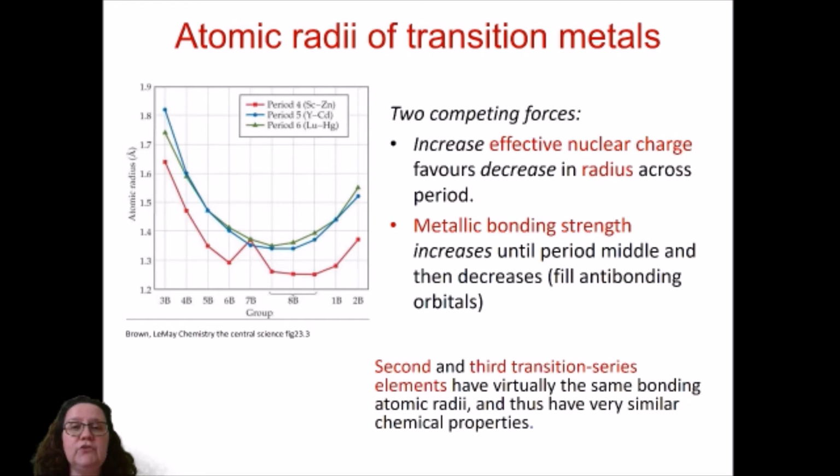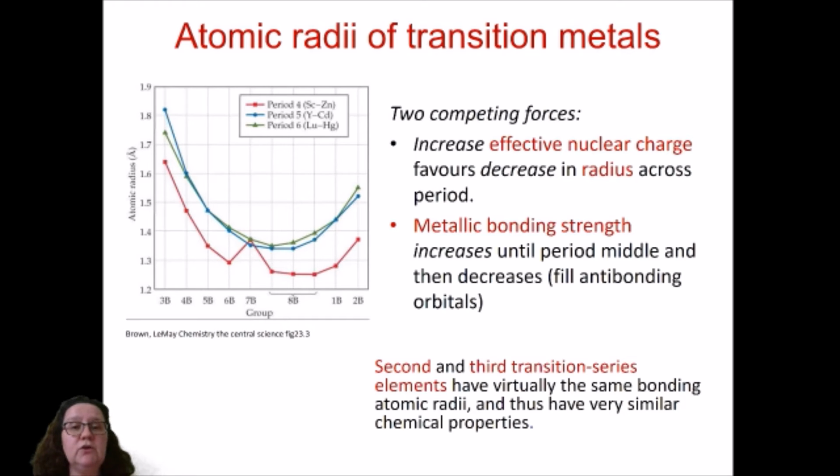Therefore, you see an increase in the effective nuclear charge, which means that that positive charge is stronger and is more able to attract the electrons in the electronic cloud, and that favors a decrease in the radius of the atom across the period.